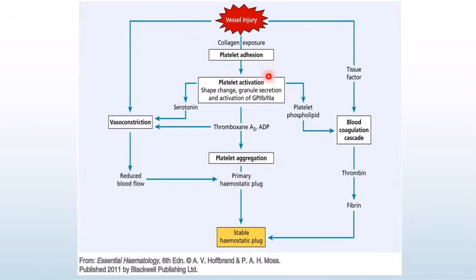Then we have platelet adhesion, activation, and aggregation. Platelet aggregation also secretes some materials like serotonin that augment vasoconstriction. Vasoconstriction will reduce the blood flow and aid in the formation of the primary hemostatic plug. The formation of the primary hemostatic plug is called primary hemostasis.